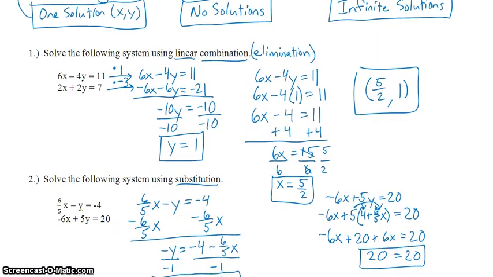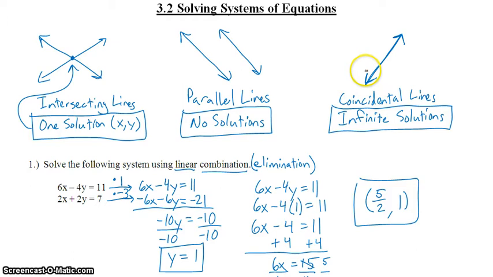When my variable drops out, I have one of these 2 cases. If my variable drops out, and I'm left with a false equation, that's when I have no solutions.